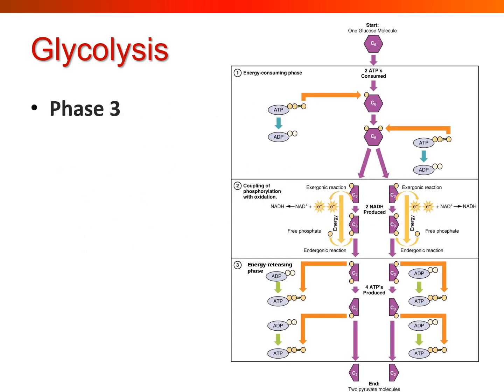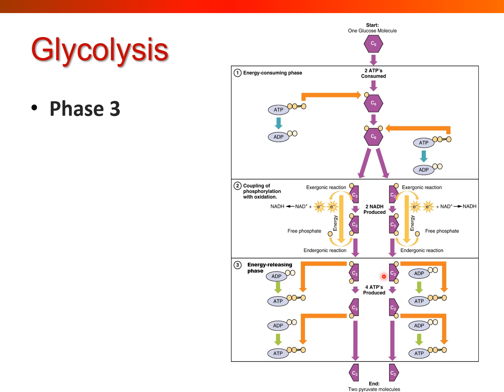So in this phase, we're going to start off with our 3-carbon fragment with the 2 phosphates on it. And one of those phosphates is going to come off, and we're going to attach it to an ADP and make an ATP. There's one of our ATPs. We're going to remove this second phosphate and add it to a second ATP. So now we've made 2 ATPs by removing these 2 phosphates.